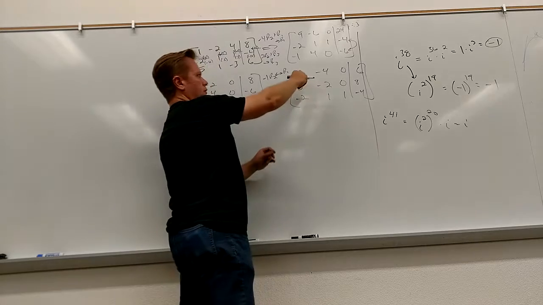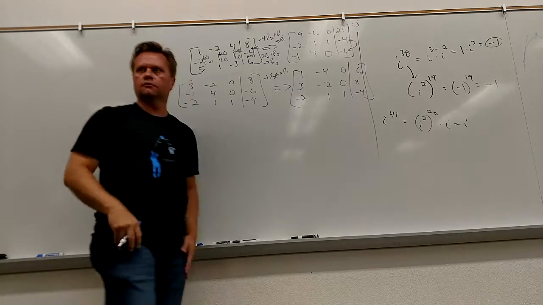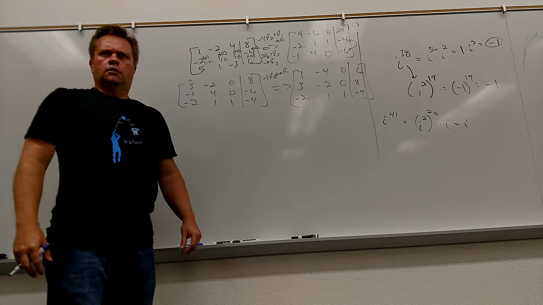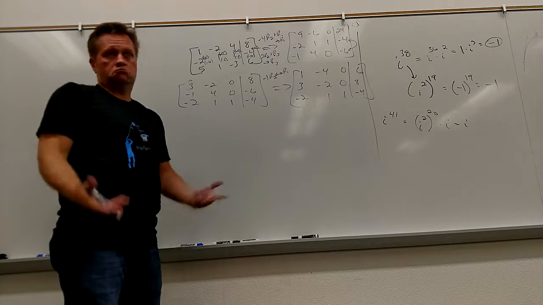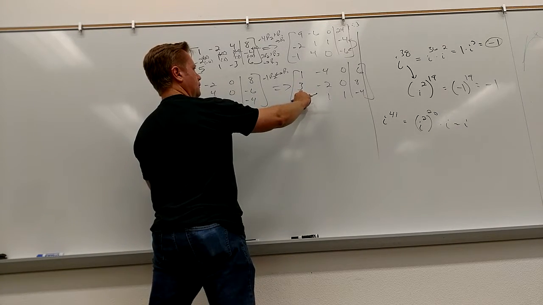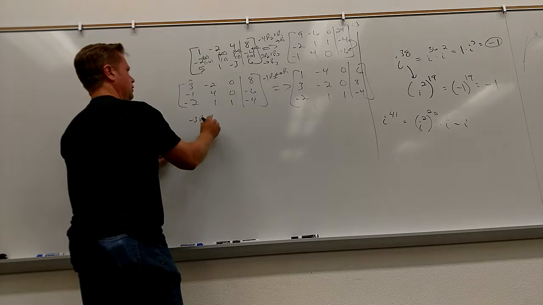Okay. Now, you can use that 1 to kill that 3. You can use that 1 to kill that negative 2. So how do I use it to kill the 3? Multiply by negative 3. Yeah, multiply row 1 by negative 3, add it to row 2, put the answer in row 2.